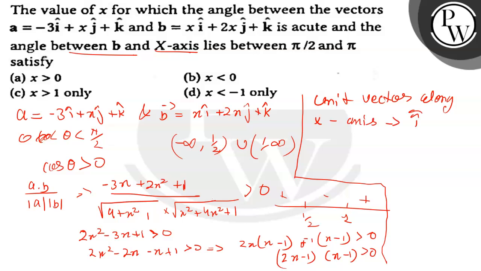The angle between them lies between pi by 2 and pi. For this we take that theta should lie between pi by 2 and pi. Now for this we know that cos theta is going to be smaller than 0, which is negative. So the angle cos theta is b dot i cap upon mod b into mod i.